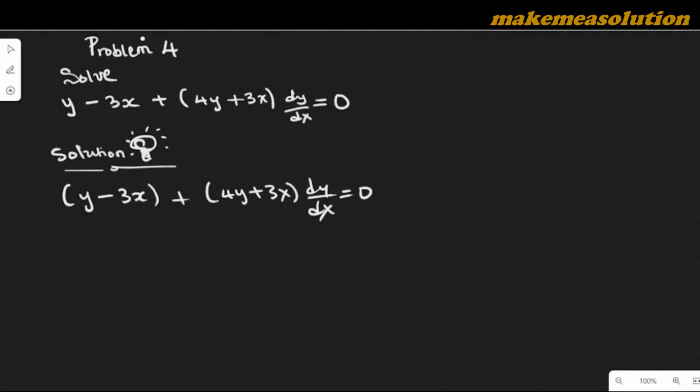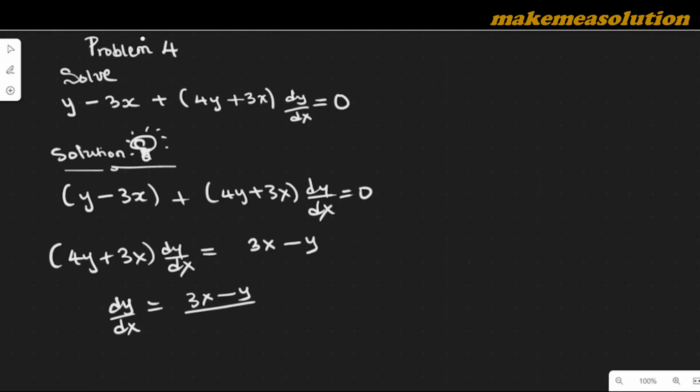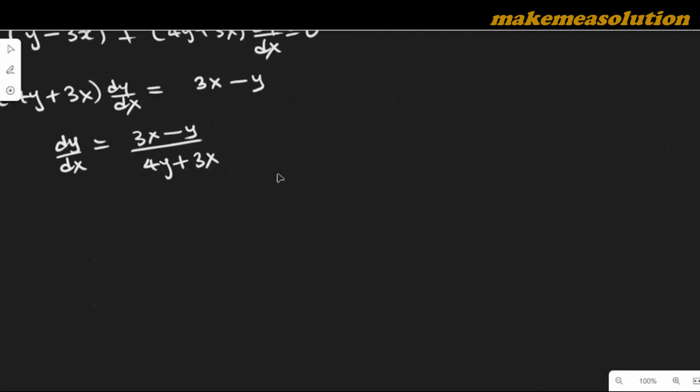So we'll attempt to make dy/dx the subject of the formula. So (4y plus 3x) dy/dx is actually 3x minus y when you take this to the other side. So you now have dy/dx is equal to (3x minus y) over (4y plus 3x).